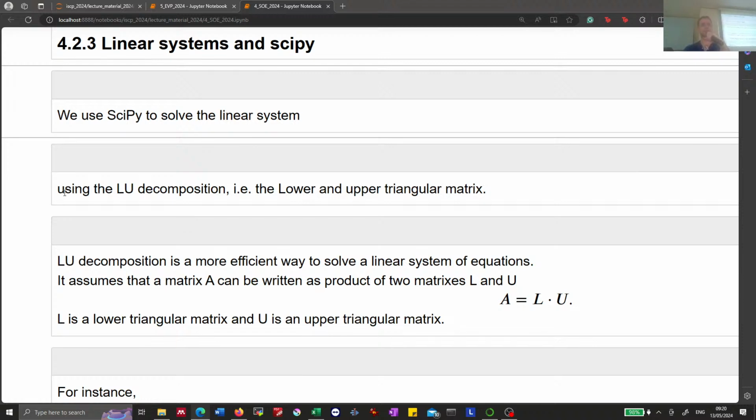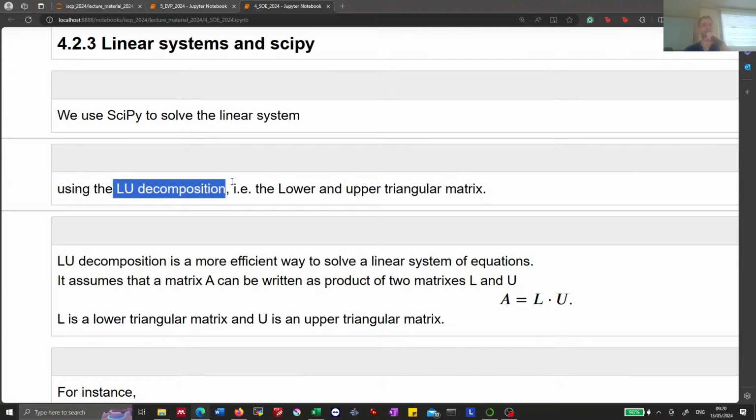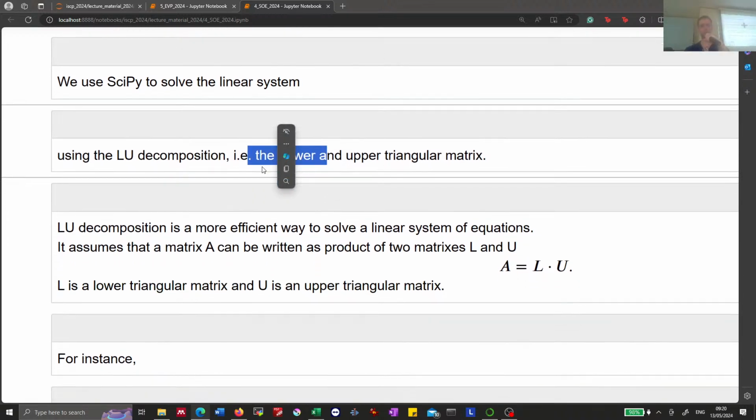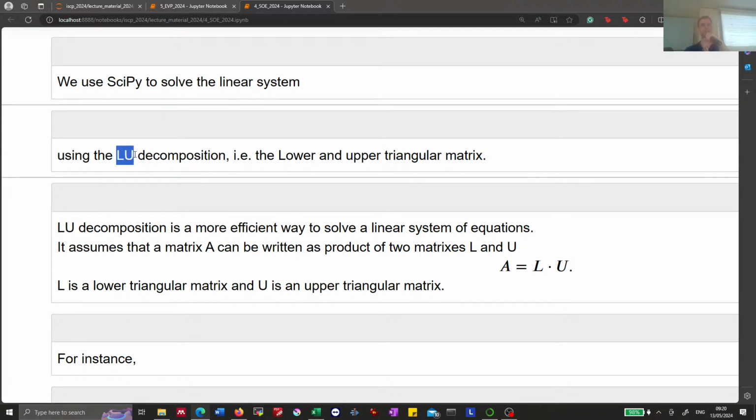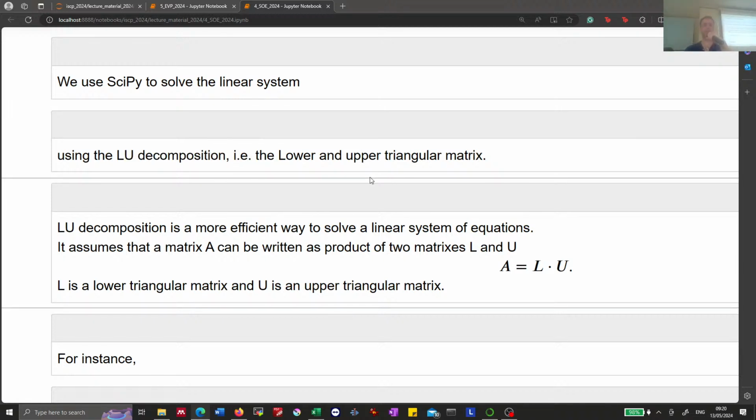Okay, before I start talking too much about computer architectures and different types of computing, let's go back to the main part of the lecture. Now we introduce SciPy, and in particular, we look at the LU decomposition. When I ask you what is the LU decomposition, I want you to say that this is the lower and upper triangular matrix decomposition.